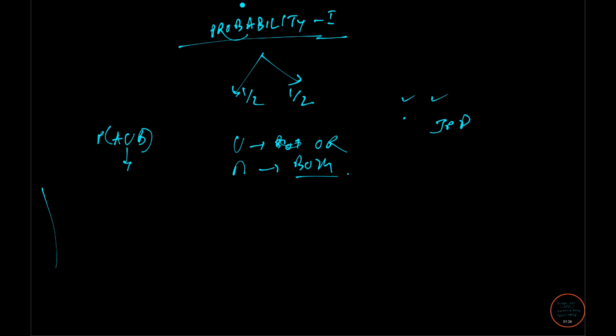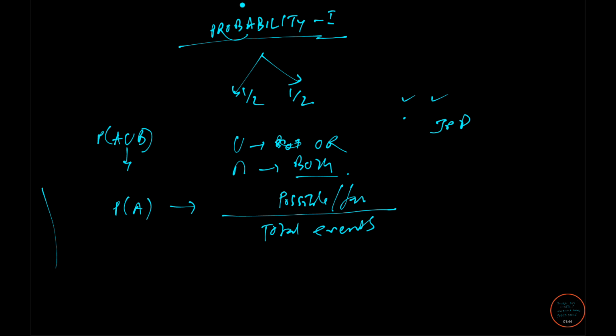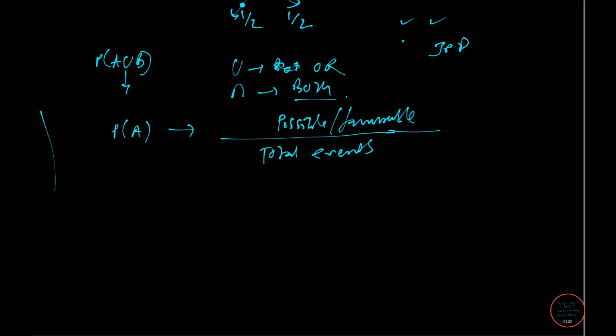Now in this kind of case, you have the basic formula of P of A, and remember that although it's a very cliche thing, it will be very useful: total events and possible or favorable events. This one is really a crucial thing. We'll be using it many times. Even permutation and combination we will see.